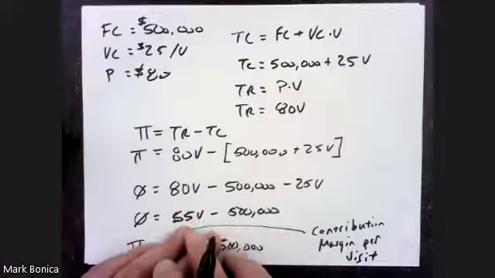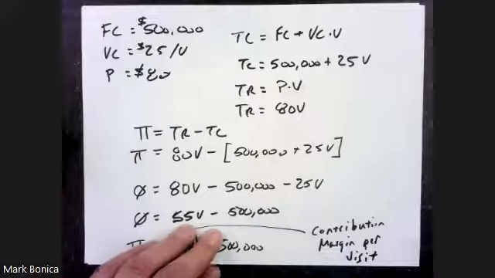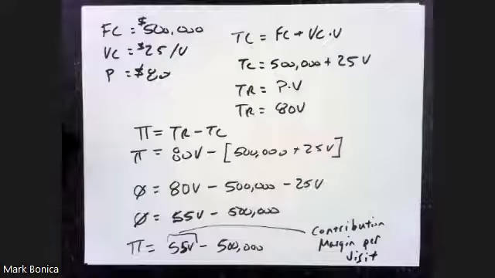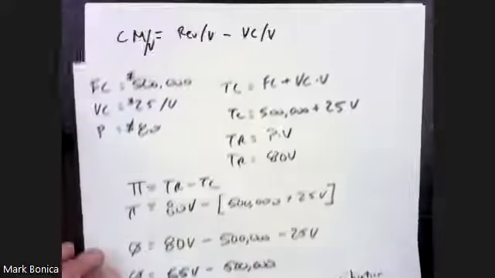But basically, this contribution margin is the aggregation of the price that we're getting minus the variable cost. So it's the variable component of what we're doing. The fixed costs are fixed. So each time we do an additional unit, we're moving toward covering all of the fixed costs and increasing profit.